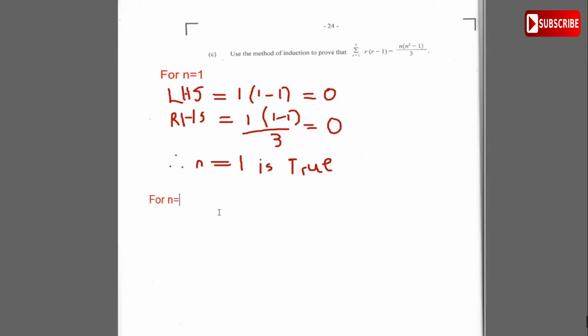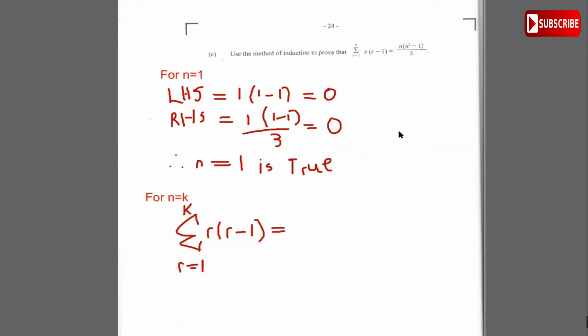For n is equal to k, this is going to become the summation from r equal 1 to k of r into r minus 1. The sum from 1 to k of r into r minus 1.